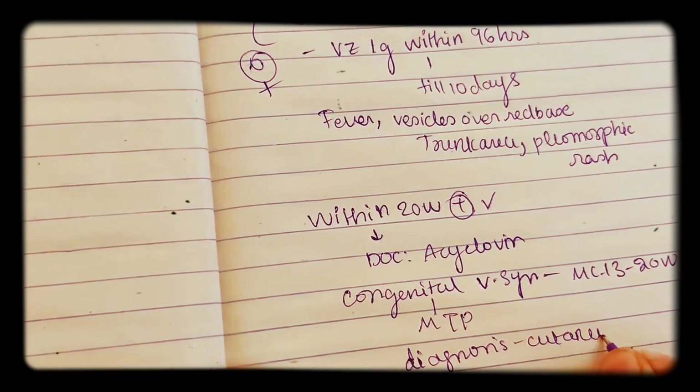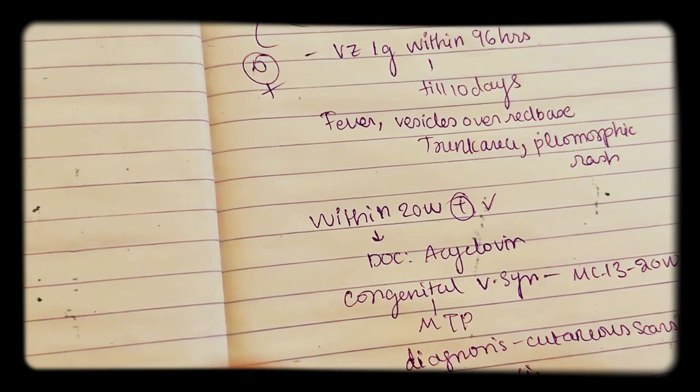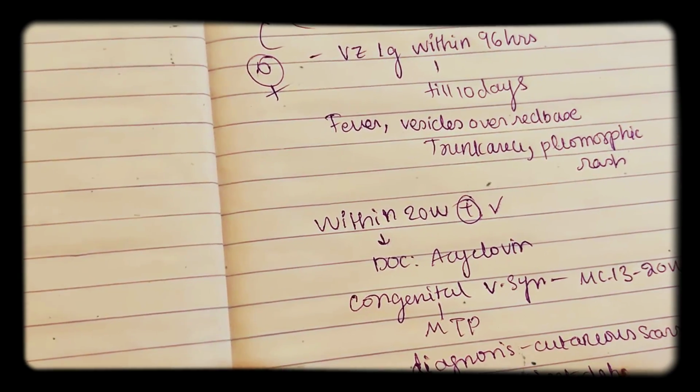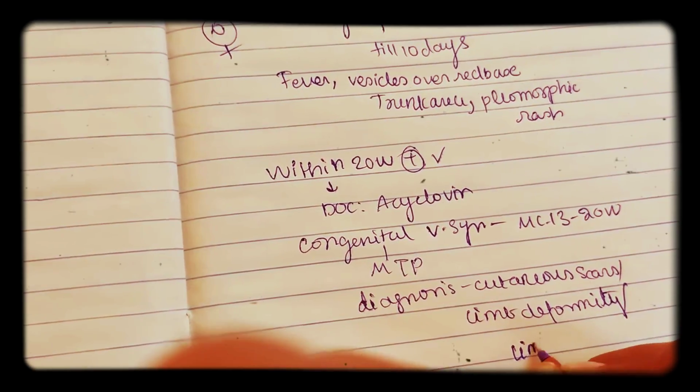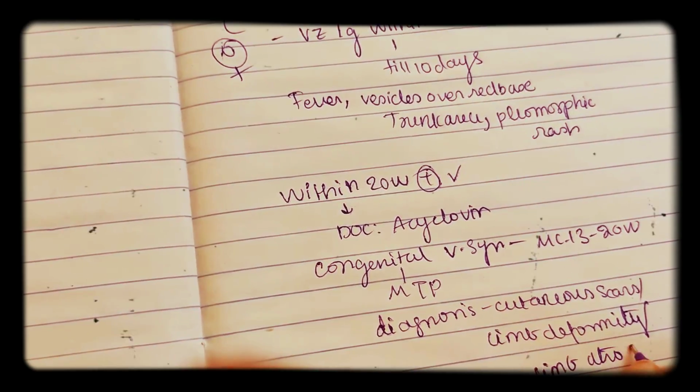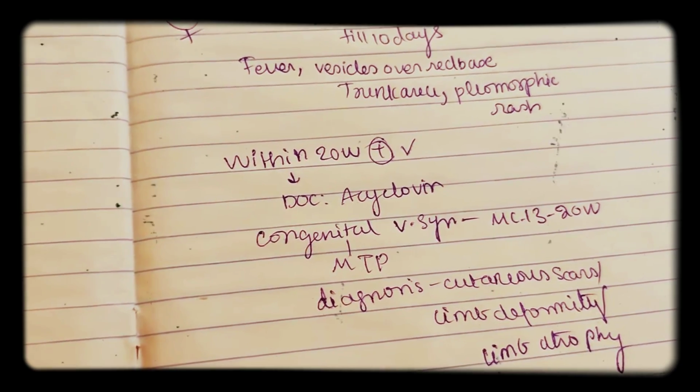cutaneous scars, limb deformity, or limb atrophy. So these are the features you see in the diagnosis in the case of varicella zoster.